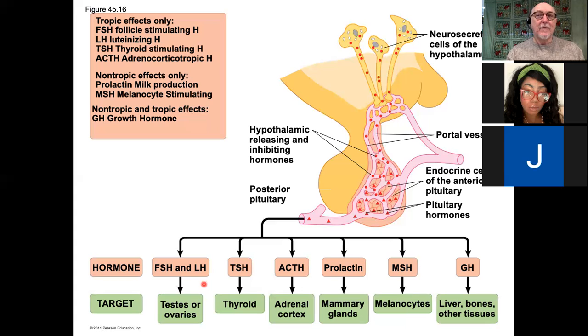They usually operate together, and they are important hormones in both males and females, largely involved with reproduction.